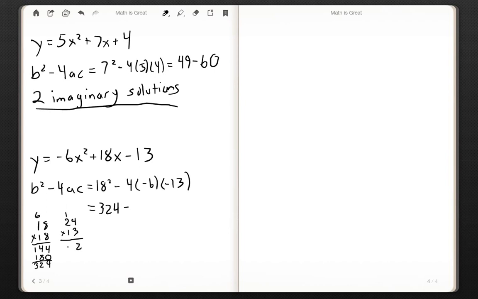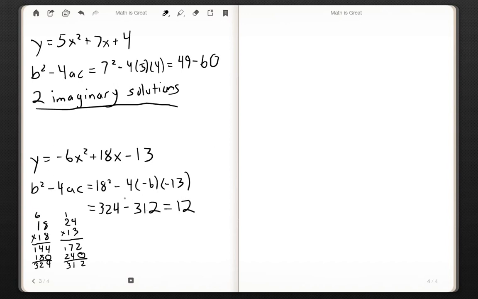And we'll just solve that real quick. And that's going to be 312. So 324 minus 312 is going to be a positive 12.